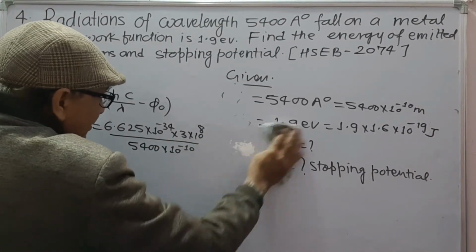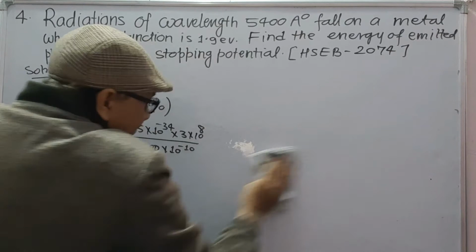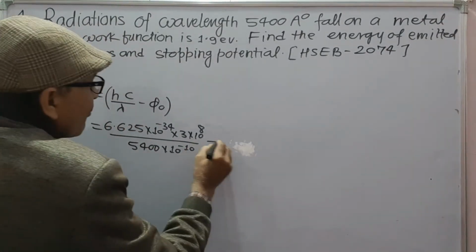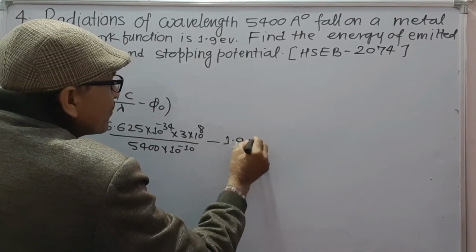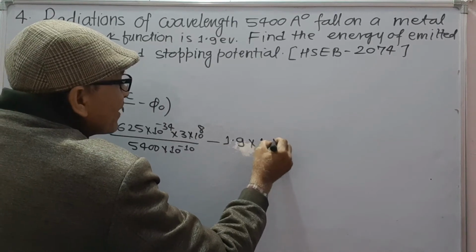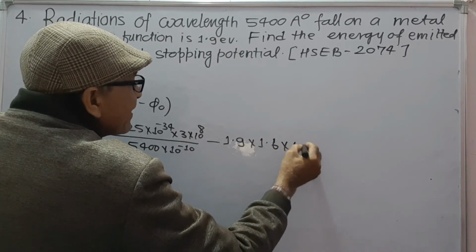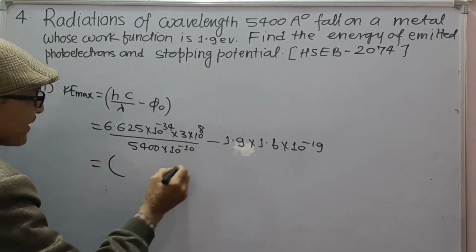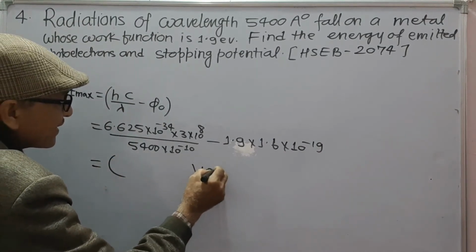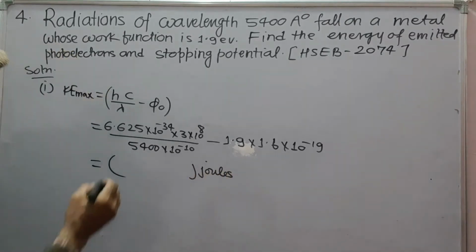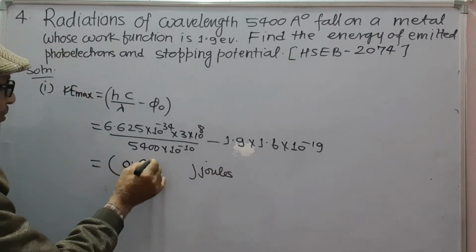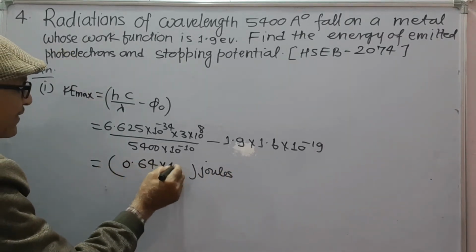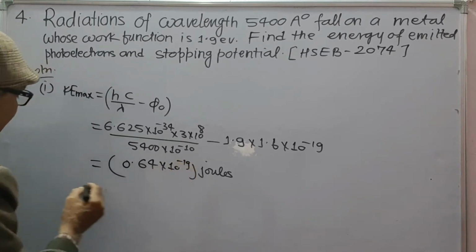Phi naught is 1.9 × 1.6 × 10^-19, which on simplification gives the kinetic energy as 0.64 × 10^-19 joules.